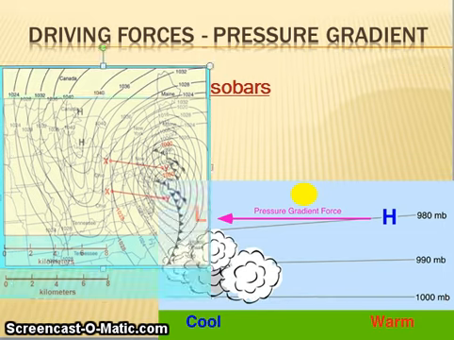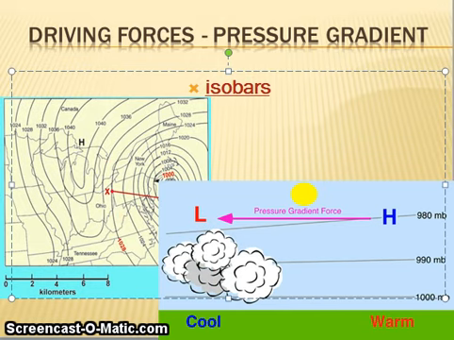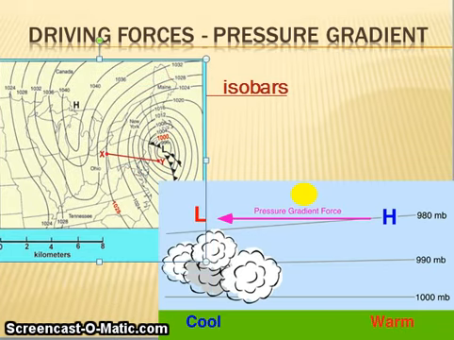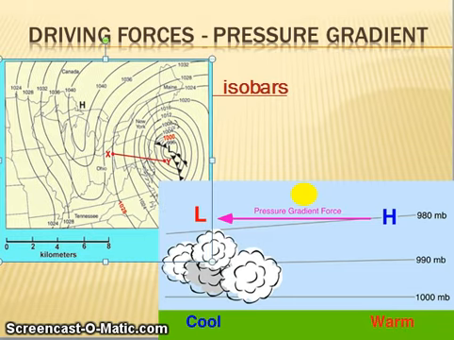Let's see if I can move that term here. I can scoot that over a little bit. And lines of equal pressure, we show those on weather maps with lines called isobars. So here you can see the millibars of pressure, and you can see all along that high pressure system the barometric pressure is the same, and the high pressure system is moving into a low pressure system.